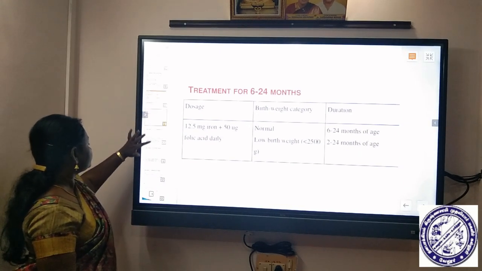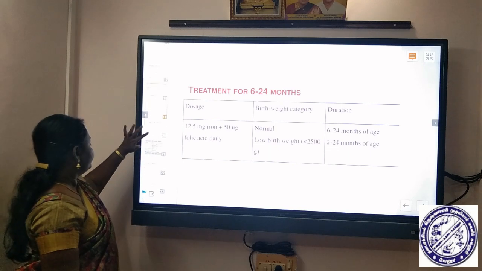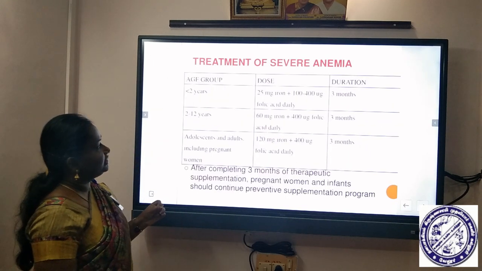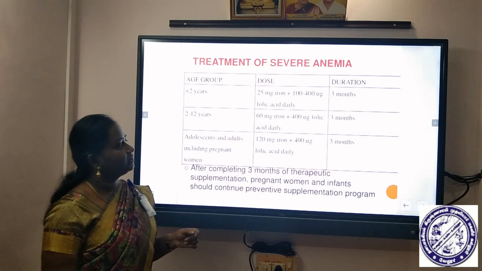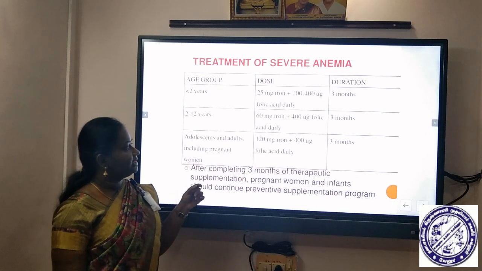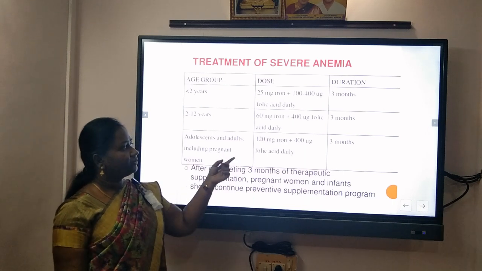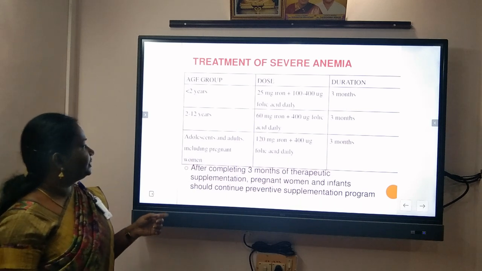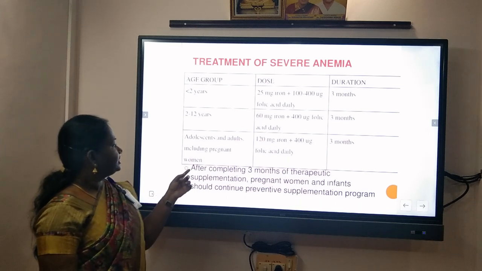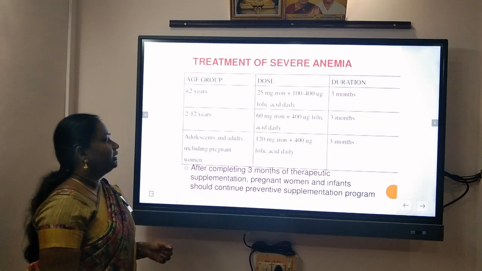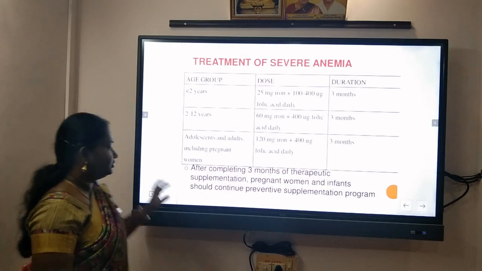And for severe anemia, for age group less than 12, we can give iron tablets along with folic acid daily for 3 months. For 2 to 12 years, 60 milligrams of iron along with 400 micrograms of folic acid per day for 3 months. For adolescents, it is 120 milligrams with 400 micrograms of folic acid daily for 3 months.